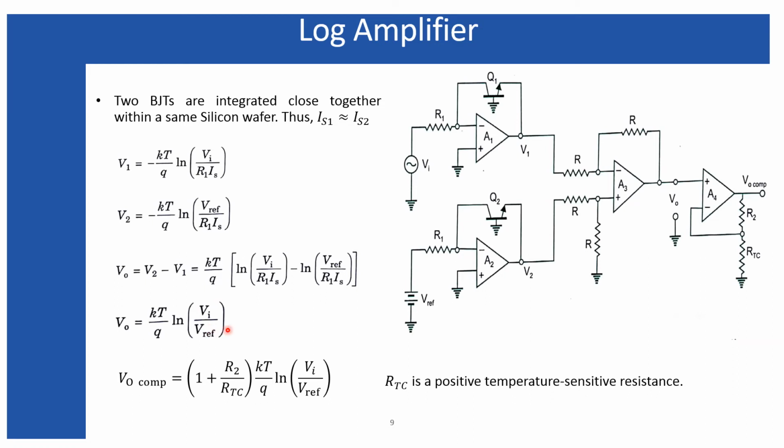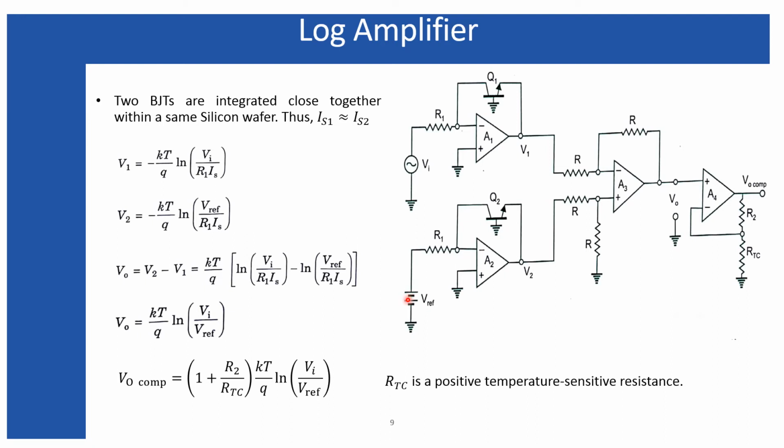Now look here, one disadvantage of the previous circuit is removed in this circuit. In the initial circuit there exists Vi divided by R1 Is, and Is was the reverse saturation current of the bipolar junction transistor. But here there is this V reference, which is basically some external DC voltage that you have applied.